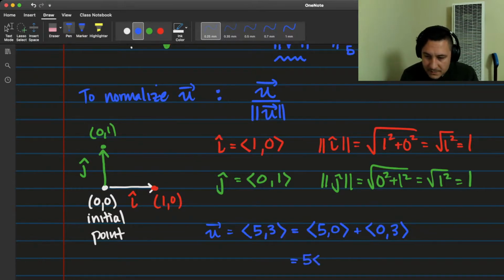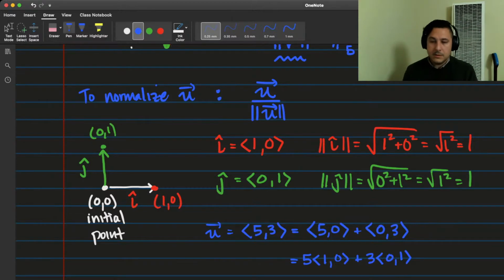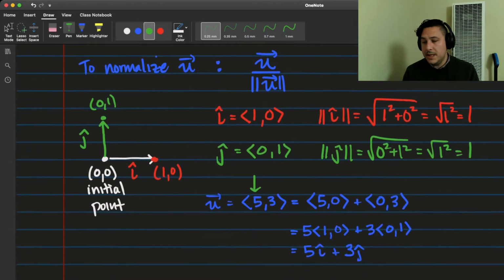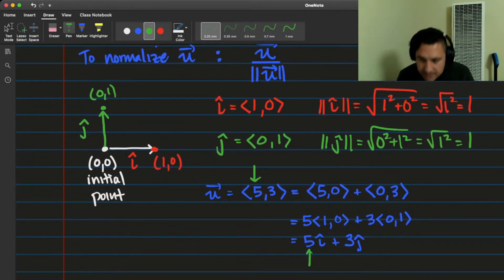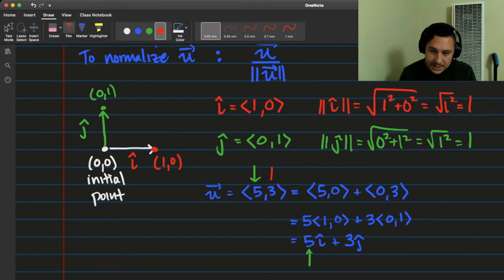So I get 5 times 1, 0. And then I could factor out a 3 for the other one, and I get 3 times 0, 1. And notice, 1, 0, I have a name for that. That's called i. And 0, 1, I have a name for that. That's called j. So you can see quite clearly that the first number from the component form is what i is multiplied by. And the second component, the 3, is what j is multiplied by.